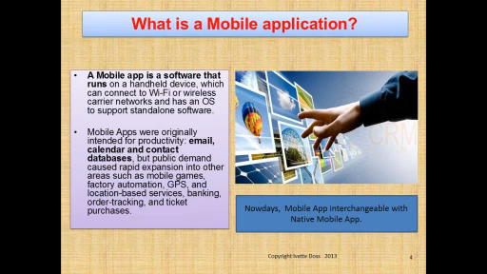But right now it's the classical version. Nowadays, mobile application is interchangeable with native mobile application. So you will see a lot of articles when you search the internet, like web mobile versus mobile apps. In this case, they exactly compare web mobile with native mobile application.